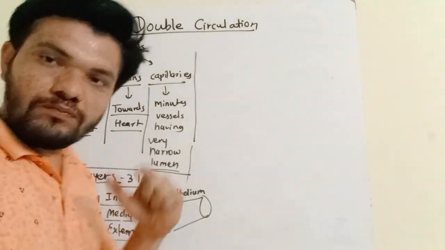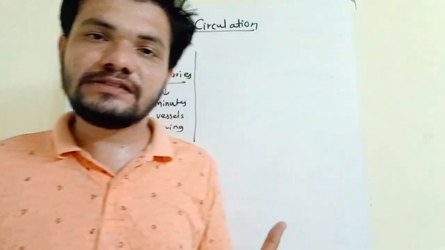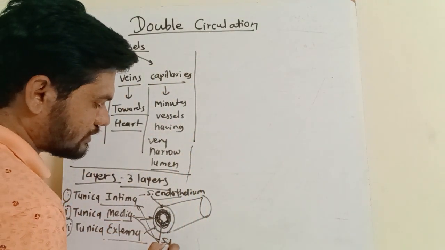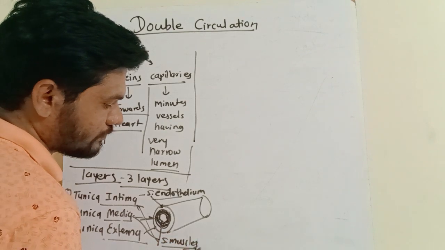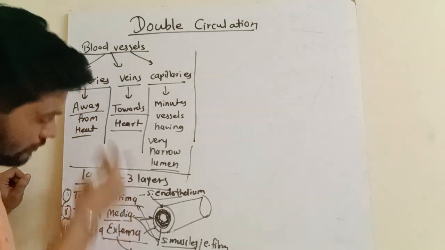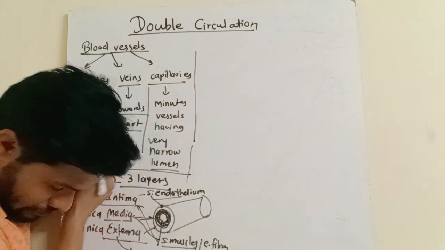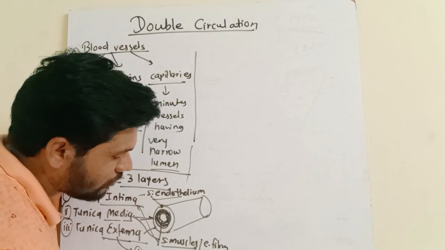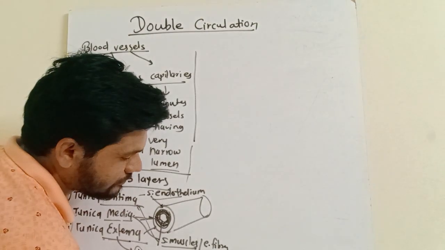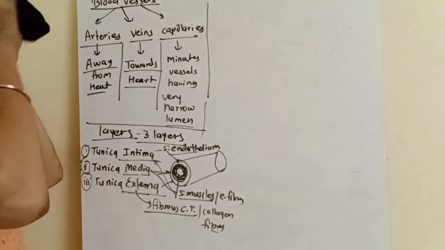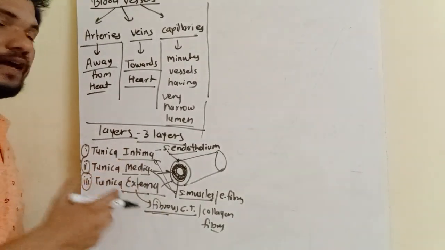Tunica media is made up of smooth muscles along with some elastic fibers, and the tunica externa is made up of fibrous connective tissue along with some collagen fibers. I hope it is visible. So this is about the layers and their composition in the walls of the vessels.